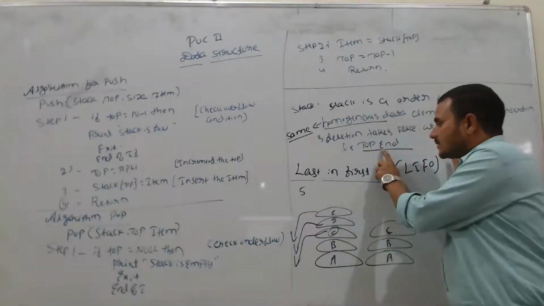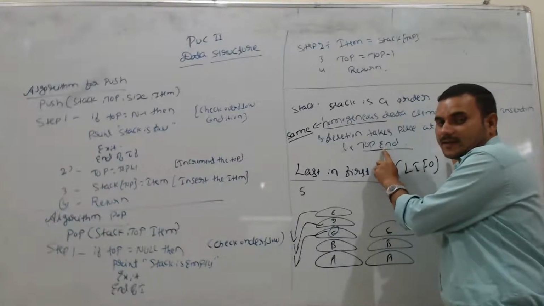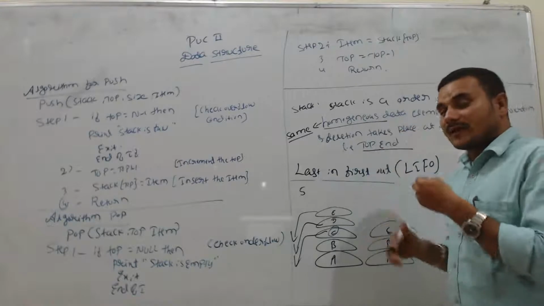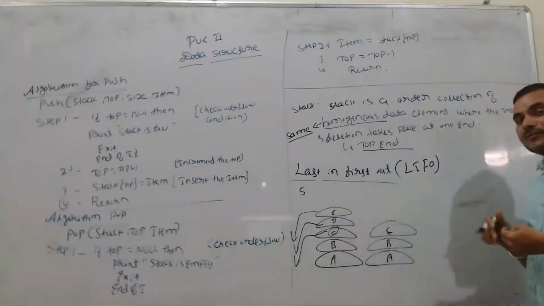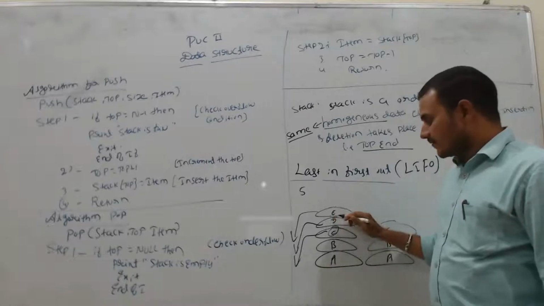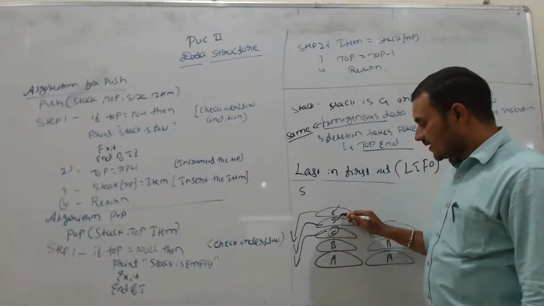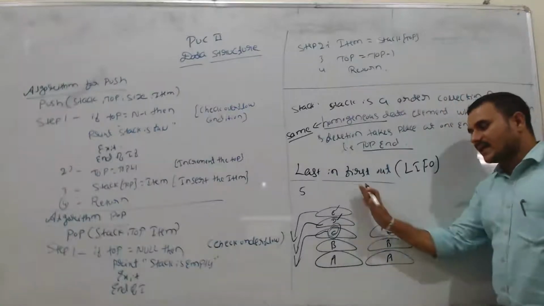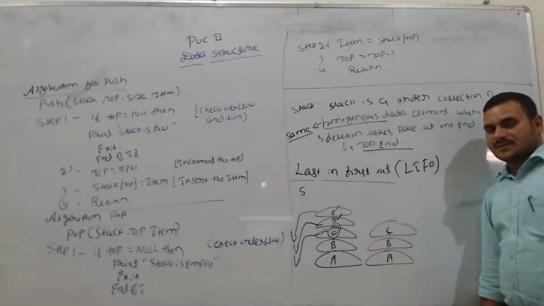Right? This should be kept in your mind. Whatever you have to insert, insert at the top end only. Whatever you have to read or delete, do it at the top end only. Right? First we have to delete this one. Next we can delete this one. Next we can delete this one. Okay, these are the deletion operations.